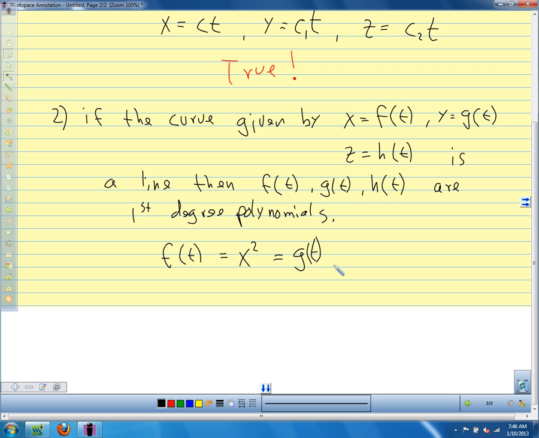And what did you say? What if they're all t squared? So we have x equals y, x equals z, and so on. Doesn't that describe a line? Yeah.